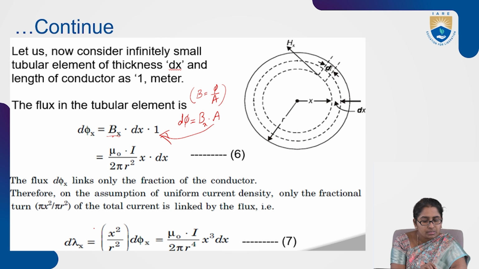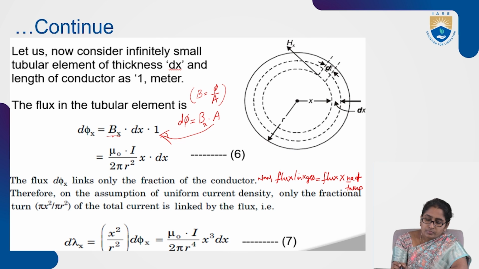Now after this, the flux linkages is given by psi, which is given in terms of flux as flux into number of turns.